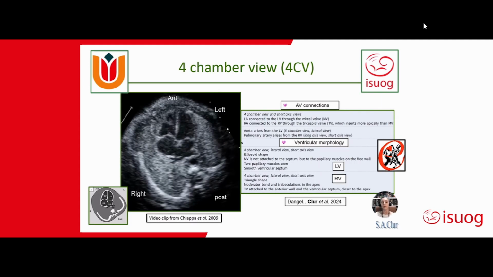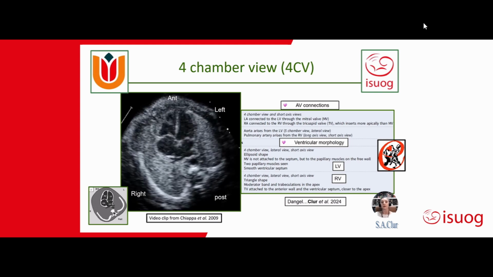I've already told you many of the things we can see on the 4-chamber view, but it's important to see that we have opening and closing valves. We should look at the offsetting of the valves. The tricuspid valve insertion is deeper in the ventricle, and we should be able to see that the right ventricle is indeed a right ventricle and the left ventricle is indeed a left ventricle.